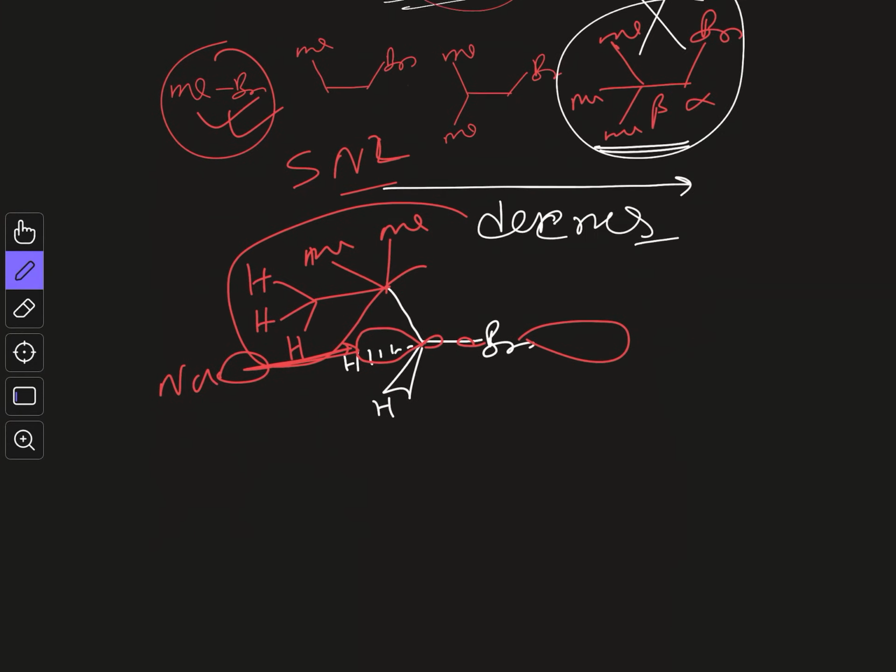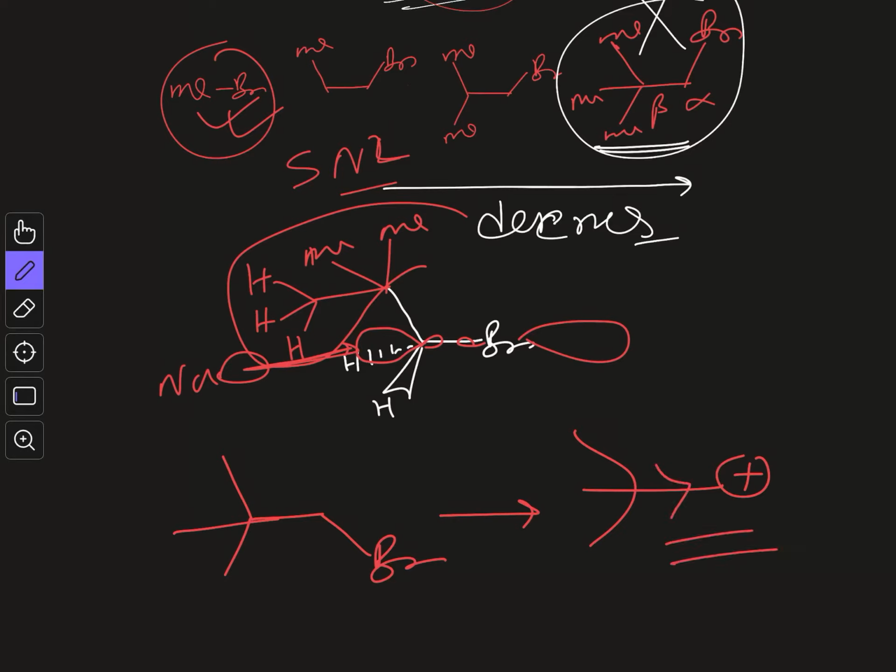Similarly, if you consider the situation for an SN1 reaction, how will it look? If you now consider it for SN1 reaction, again you will create a carbocation like this. This carbocation is not stabilized by anything, it doesn't have hyperconjugation, it has only one inductive effect.